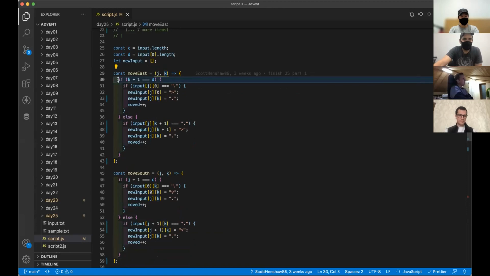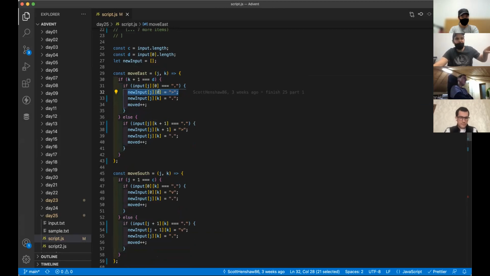So now I'm just checking if we're at the end, I guess, then we're going to go back to the beginning, if he can. Yeah, so I'm checking if the space is empty. If it is, then I'm going to go back to the beginning, the very first column in that row. I'm going to put the sea cucumber there, and I'm going to set his initial location back to empty, so a dot.